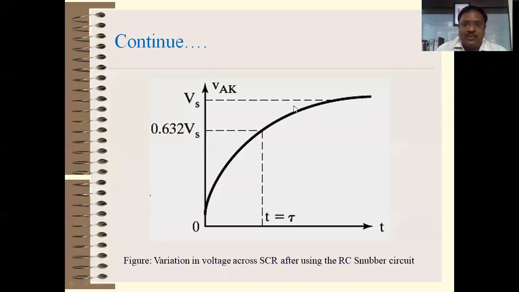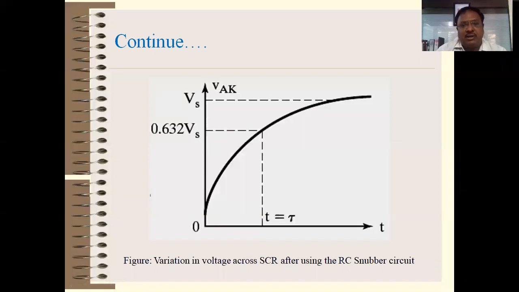Normally, whatever voltage you are applying, once it is applied, at steady state your capacitor starts to charge because that is a DC voltage. But when it changes from 0 to high, at that time the capacitor simply passes that high voltage spike towards the resistor R, which limits the high dV/dt.